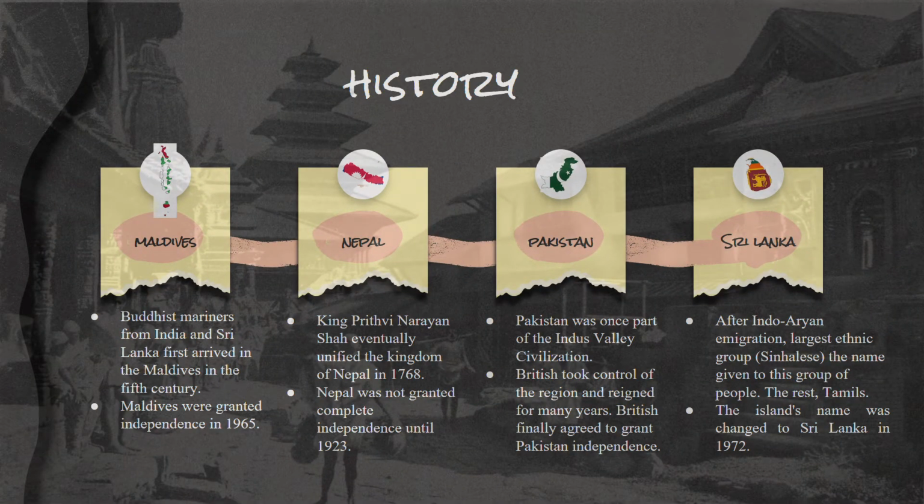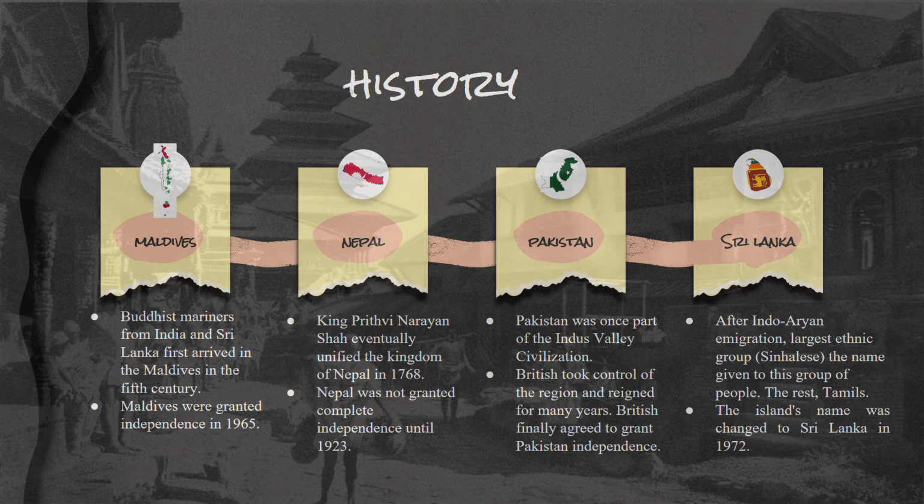In the Maldives, Buddhist mariners from India and Sri Lanka first arrived in the 5th century. The land was under British authority in 1887. After negotiating an agreement with Britain, the Maldives were granted independence in 1965.